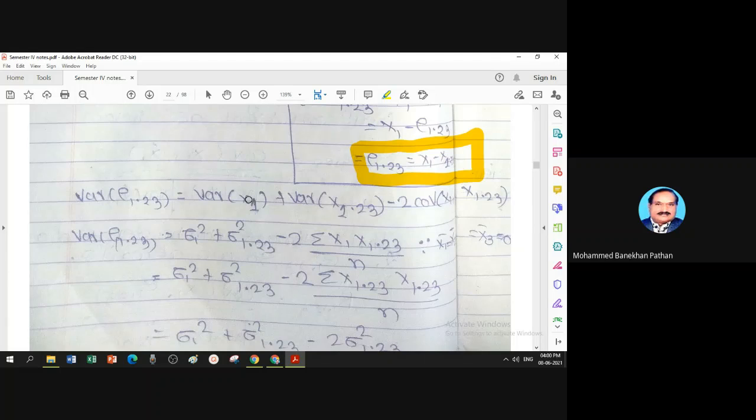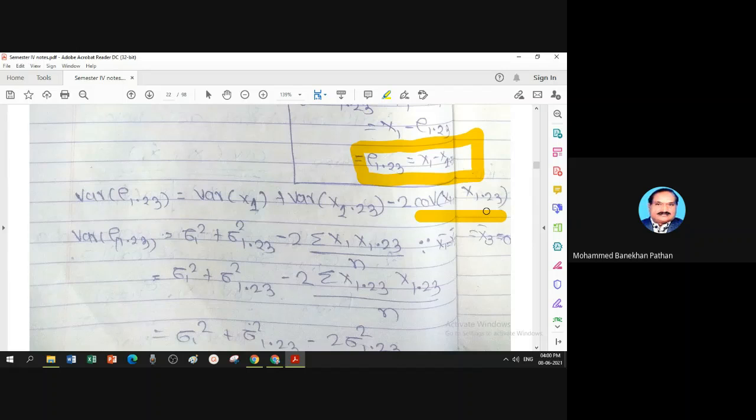Variance of x1 symbolically is sigma 1 square. Variance of x1.23 is sigma square 1.23, minus 2. When you want to write a covariance, you know from first year, covariance of two variables is written as the product of two variables divided by the number of observations, minus the product of the means of the variables.